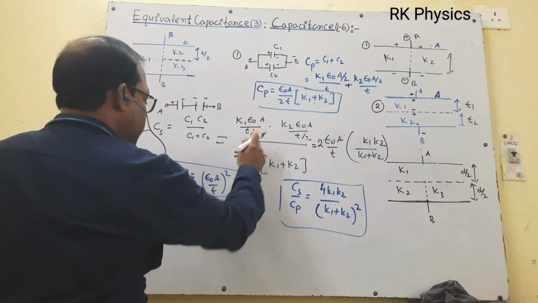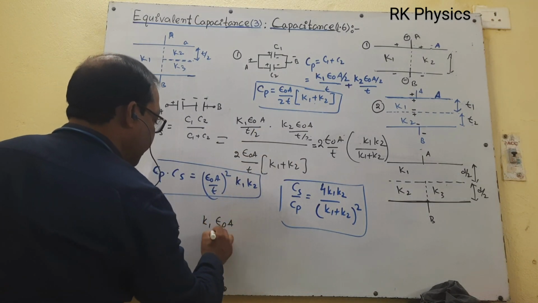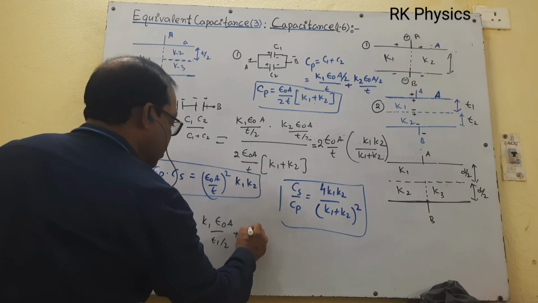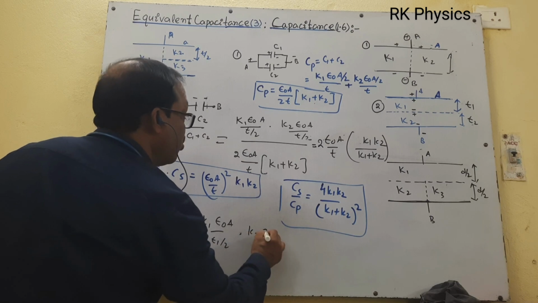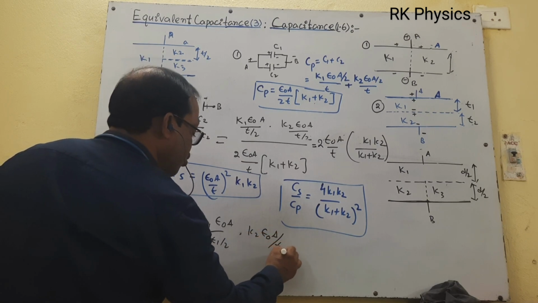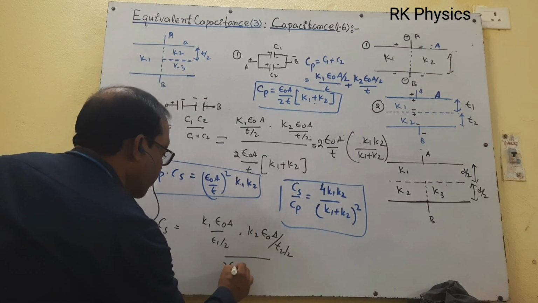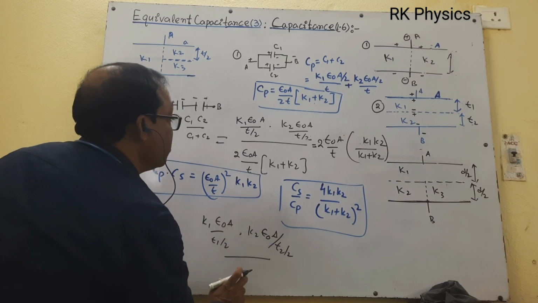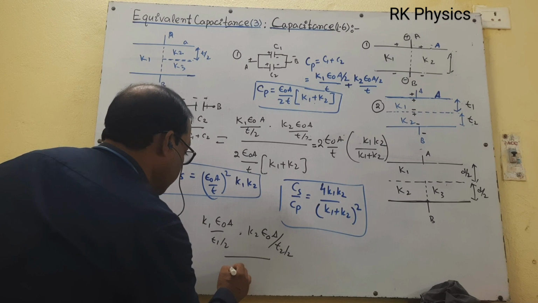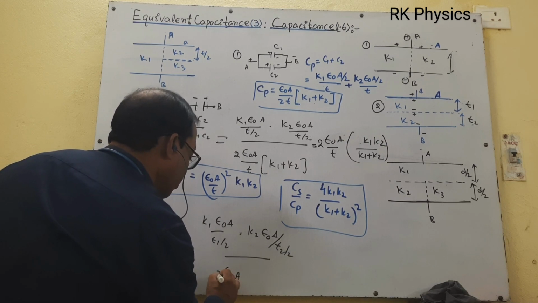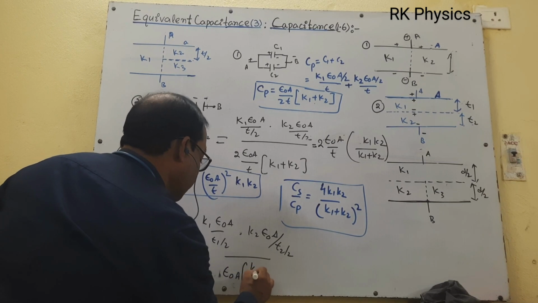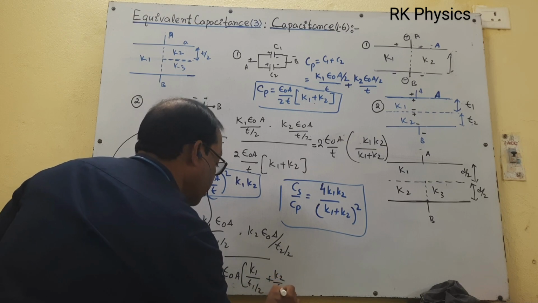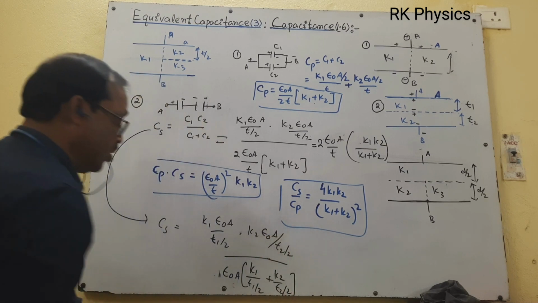Cs is k1 epsilon 0 A by T1 by 2, and the second is k2 epsilon 0 A by T2 by 2, whole divided by C1 plus C2. That means epsilon 0 A you take out common: k1 by T1 by 2 plus k2 by T2 by 2. The formula is like this.